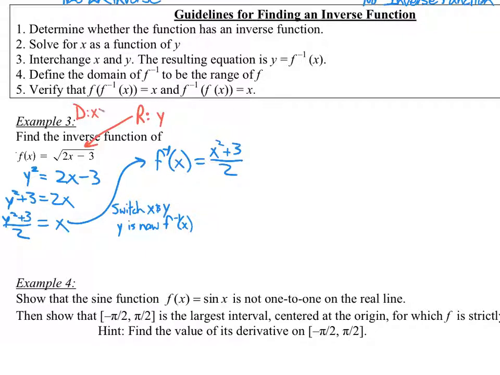It's a positive number or 0, from 0 to infinity, all right? Because the radical function hasn't been moved up or down at all, so it starts at 0 and it goes up. All right, so for my inverse function, what's the domain going to be?